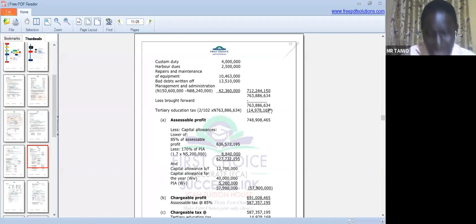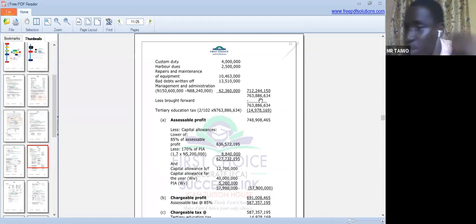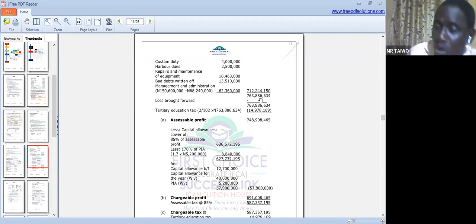Now let me tell you the contradictions in your pack. Assuming there is a loss brought forward, are you going to less all the expenses alongside the loss? The balance is what you then say 2/102, or you will not remove the loss at all. It is only the expenses that you remove from the income.